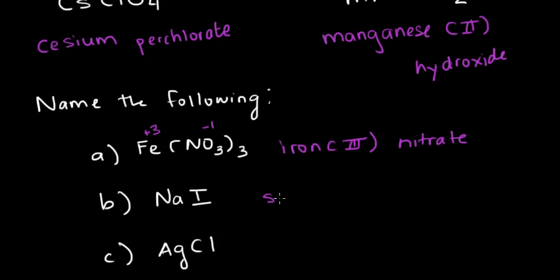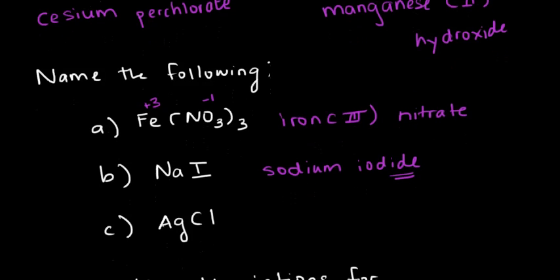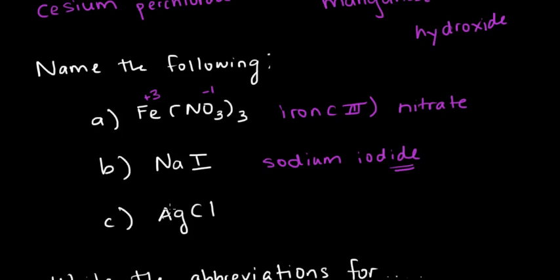Easy one for you. This is just sodium iodide. Don't forget that ide in the end of the anion. And this is just to remind you that silver, even though it's a transition metal, always only takes a charge of +1. So this is just silver chloride.